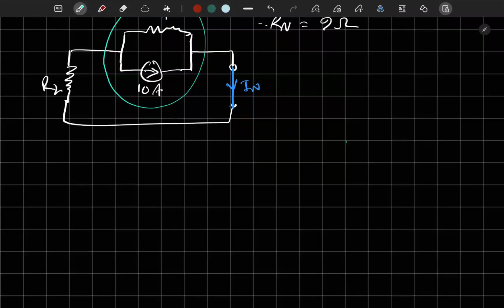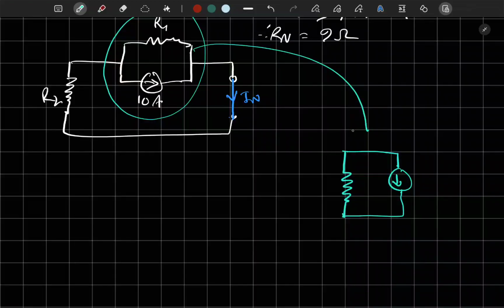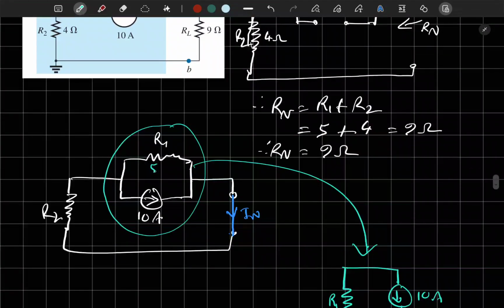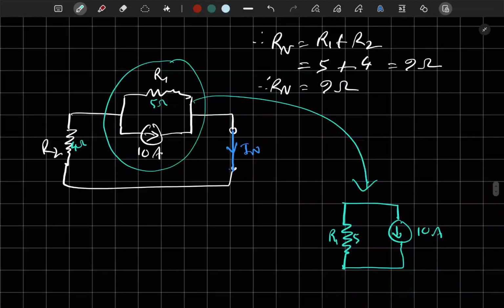Okay, so we have R1, then we have the source pointing downwards. We basically flipped this here. Okay, so this is R1 and this is 10 amperes. R1 was 5 ohms, so this is 5 ohm.